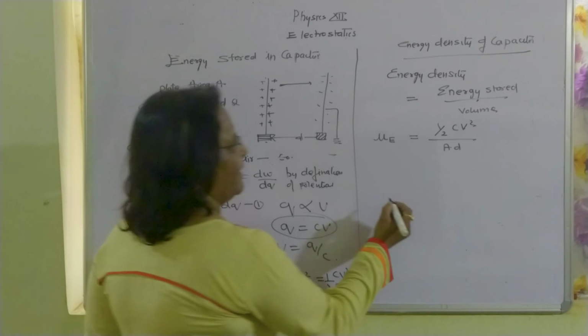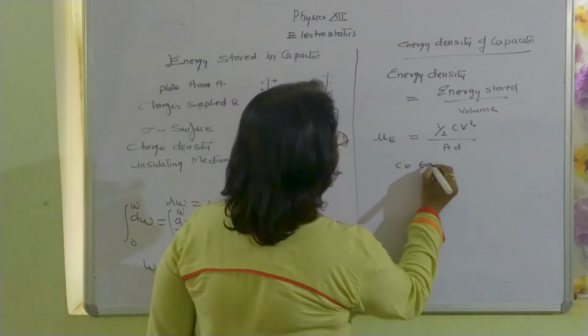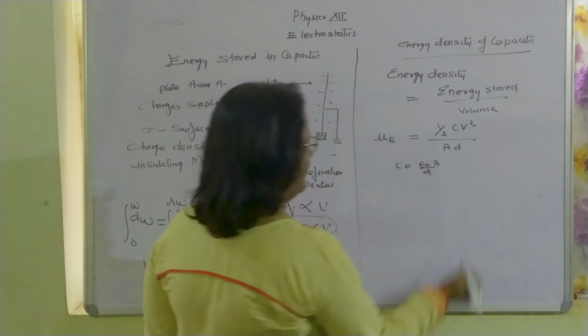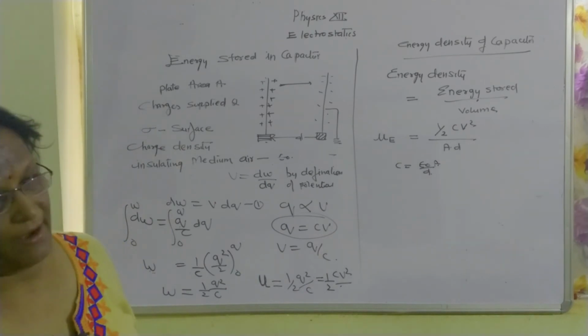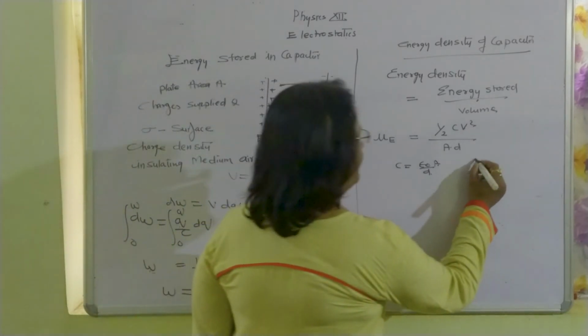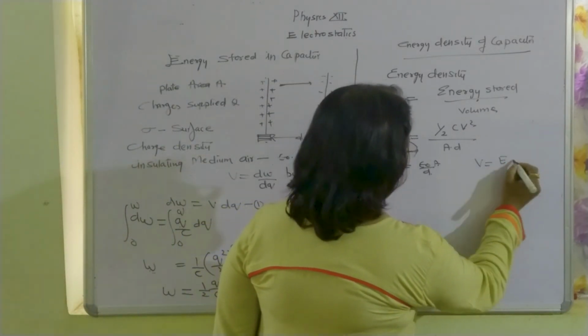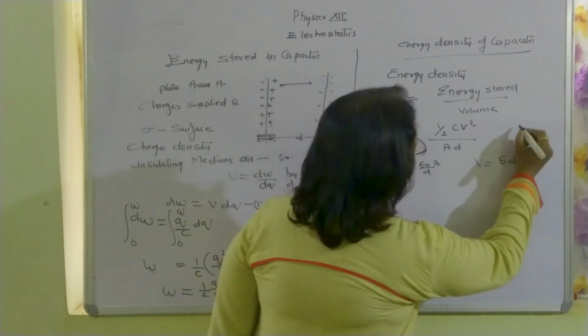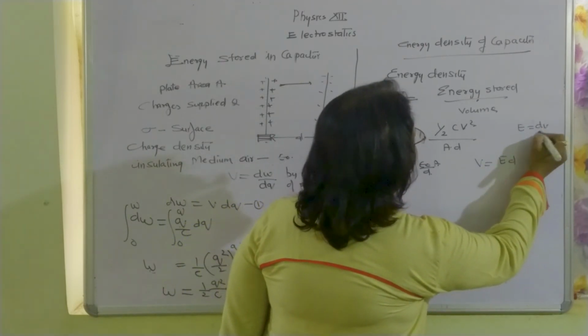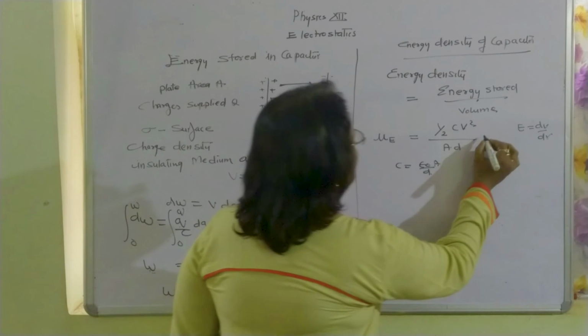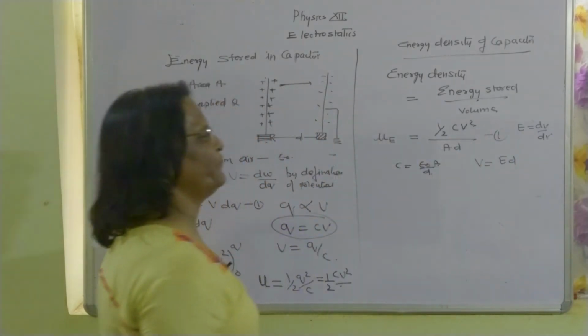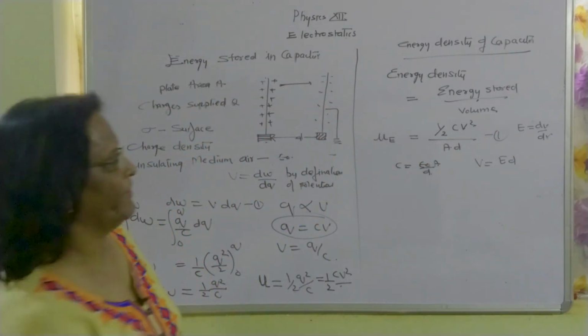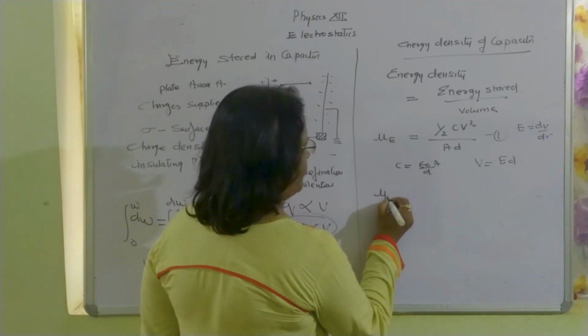Now C equals epsilon 0 A upon D. This is the capacitance of a parallel plate capacitor, and then V equals ED, because we have E equals dV upon dr. In this first equation, we will substitute all the values and find out the value of u_E.